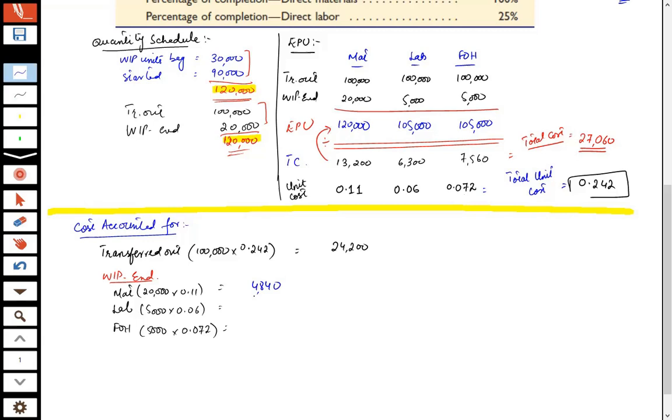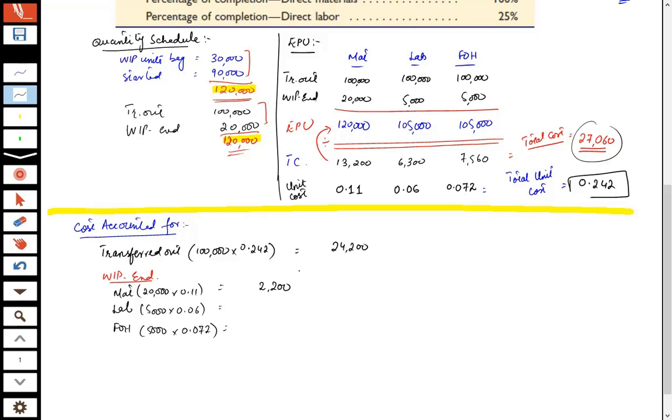Oh yes, I was multiplying it by the total cost. The moment you told me, I got confused because 27,000 is the total cost. It cannot be exceeded. When I add, it will be a problem. It is 2,200.